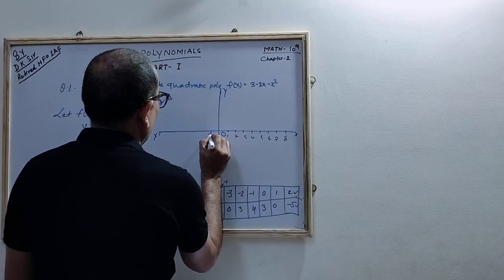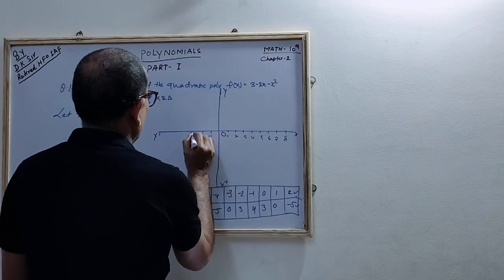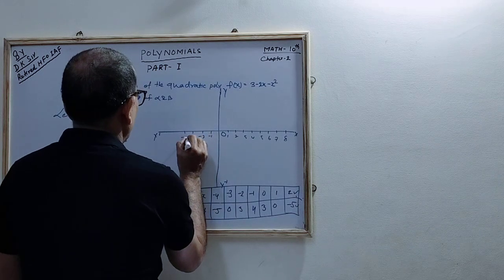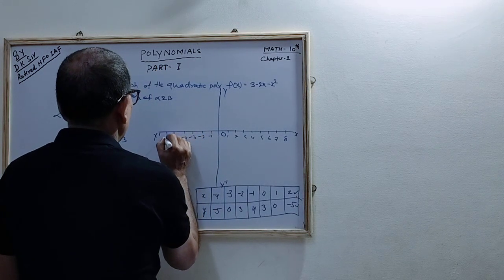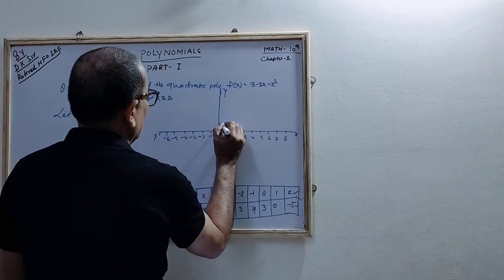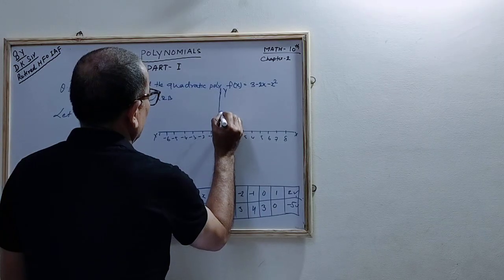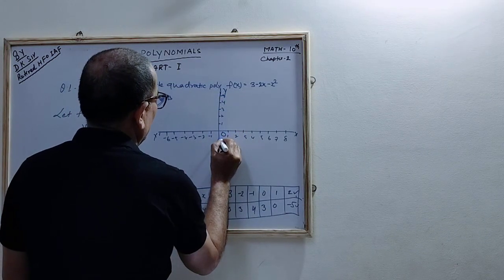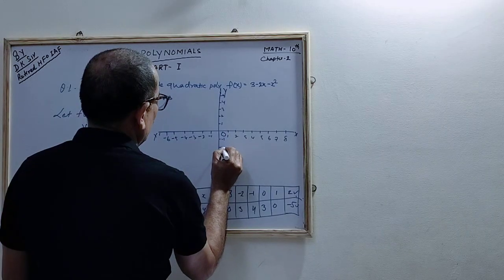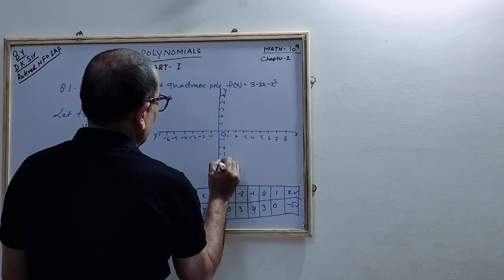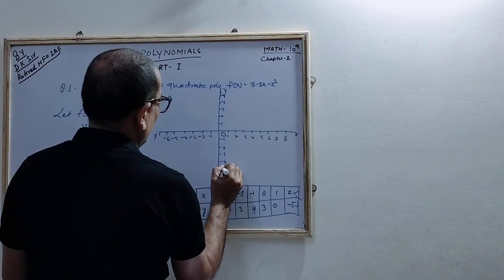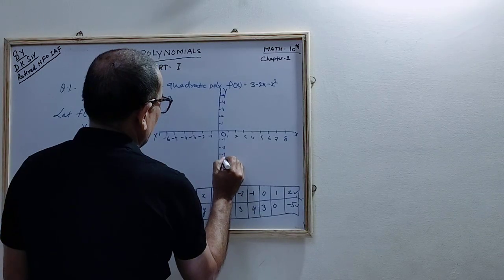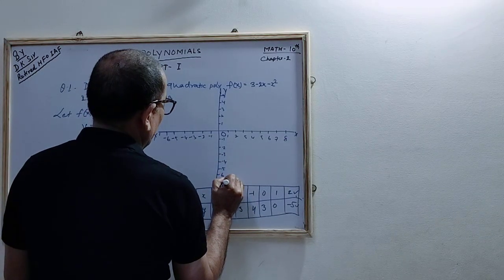This we can take as minus 1, minus 2, minus 3, minus 4, minus 5, minus 6. This we can say 1, 2, 3, 4, 5. This becomes minus 1, minus 2, minus 3, minus 4, minus 5, minus 6, minus 7. Correct?